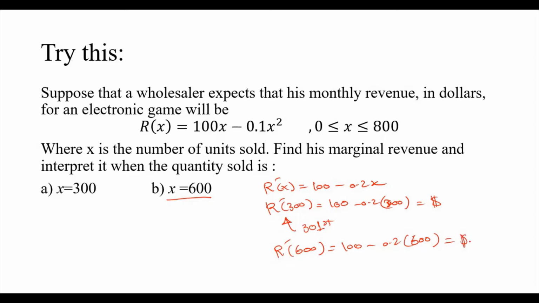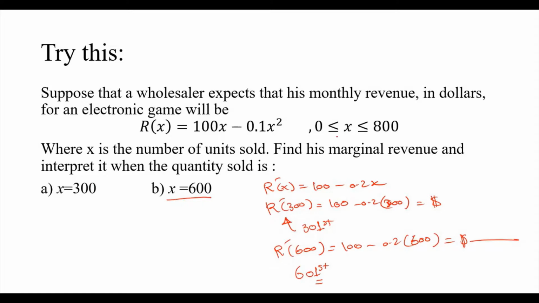And then the answer here is going to represent the revenue expected from selling the 601st unit. It's not the revenue from 601 units. It's the revenue expected from selling one extra unit after selling 600 units of that product.